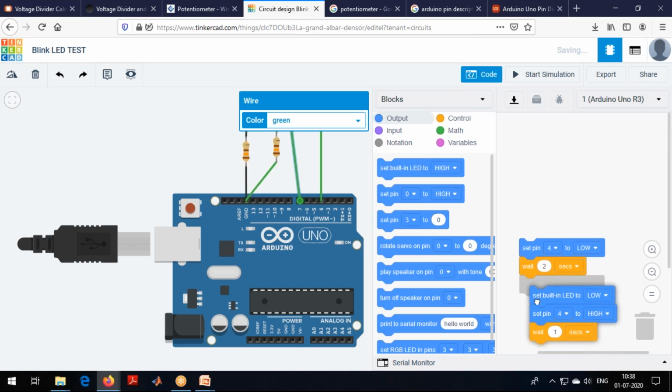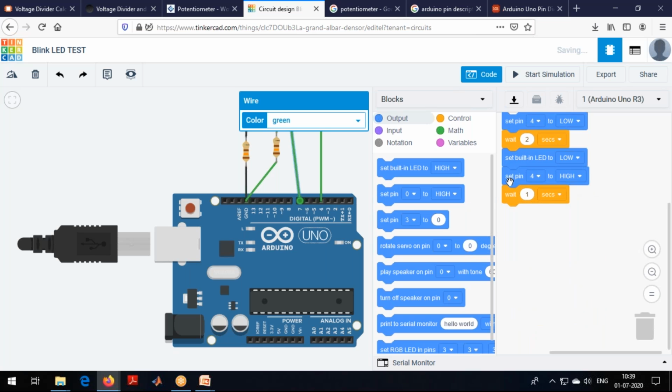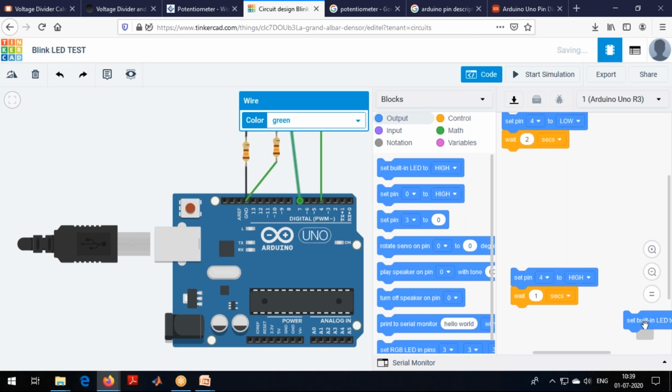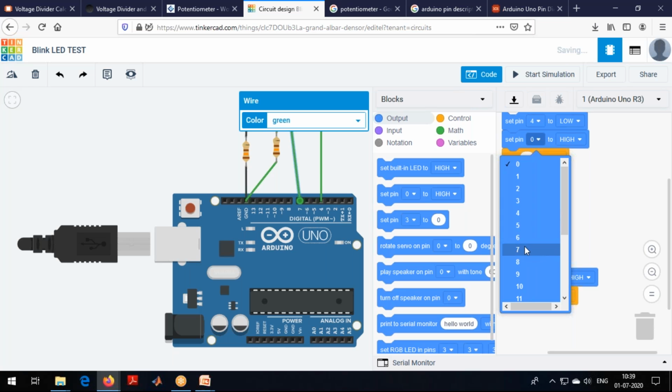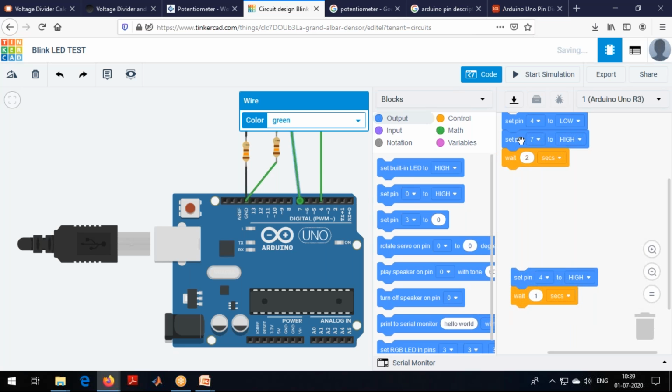Similarly, I want to take another pin 7. We can click and duplicate, 7 low.